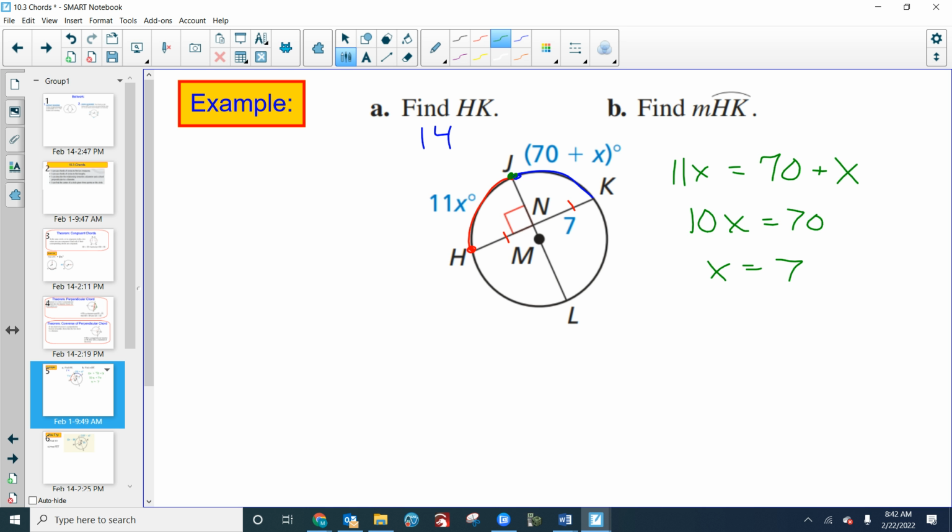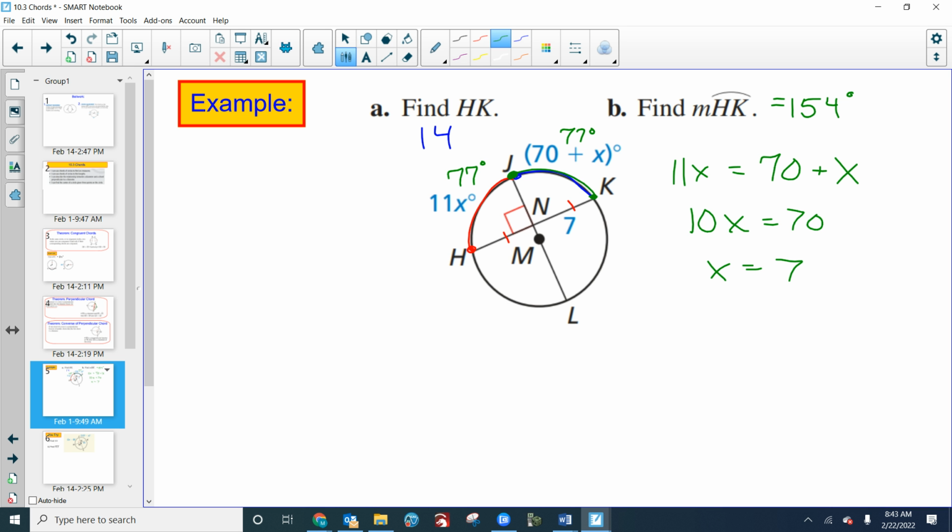H to J would be 77 degrees. What's the measure from J to K? 77 degrees. But they asked us for the whole thing, those combined, right? So what do you get? 77 plus 77 is 154 degrees.